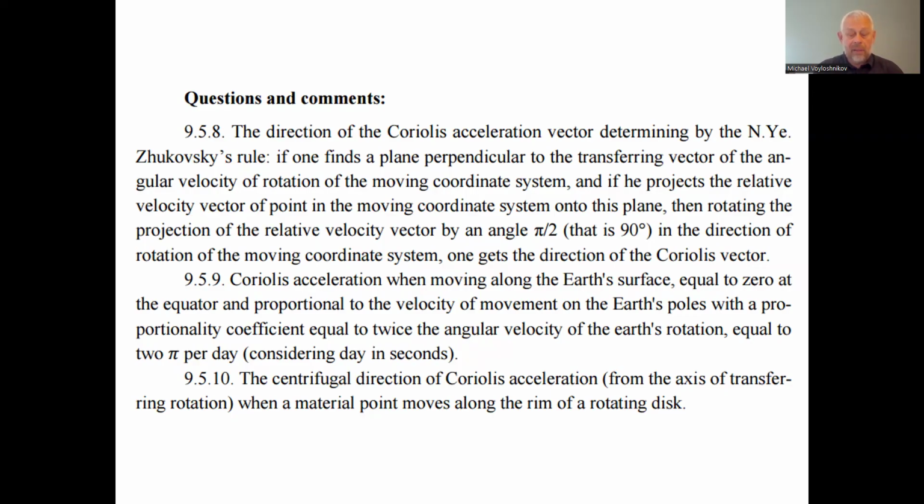So we can find the Coriolis acceleration depending on the geographic latitude of the point, because the angular velocity of the Earth's rotation is directed from the south to the north pole along the axis of rotation of the Earth.